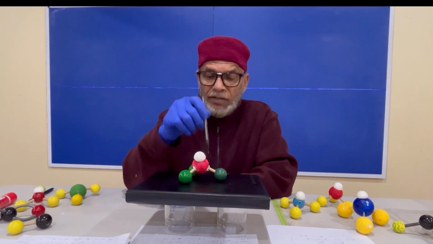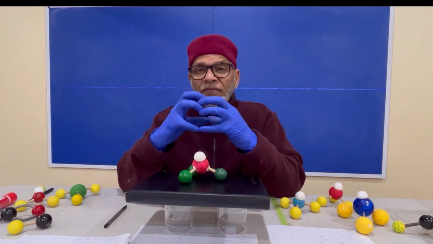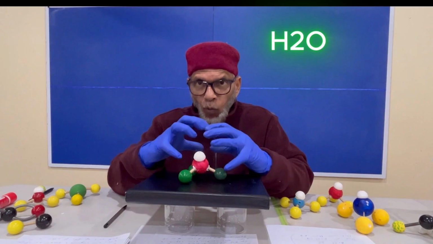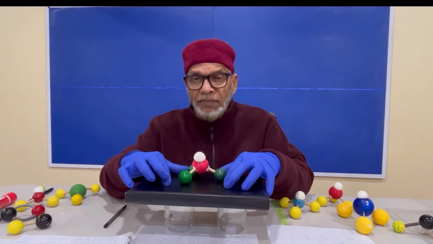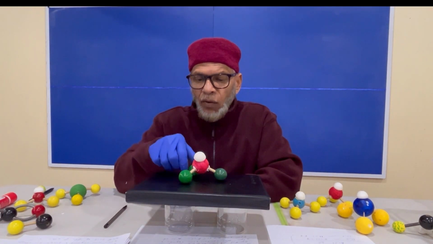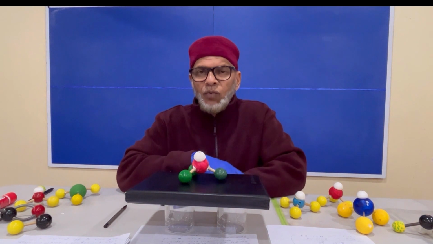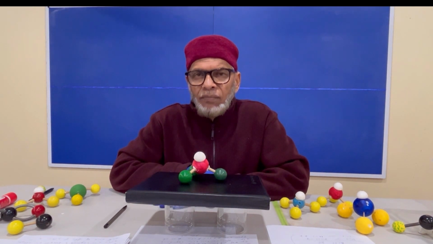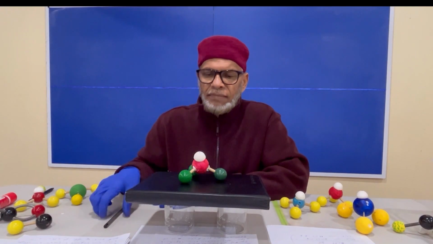So the resultant force at that side is downward, which means that there will be a net shift of the electron cloud away from the phosphorus atom towards each of the chlorine atoms. As such, each of the chlorine atoms will acquire a small negative charge, and this phosphorus atom here will acquire a small positive charge, and that will make the molecule polar.